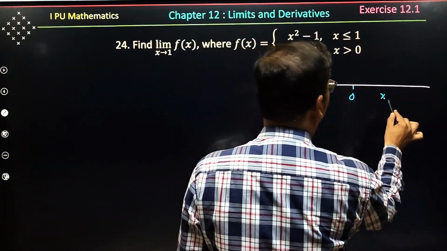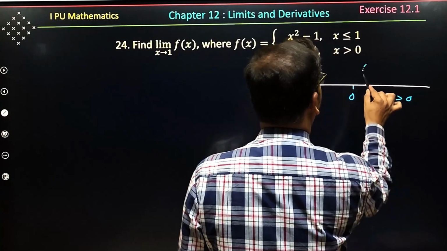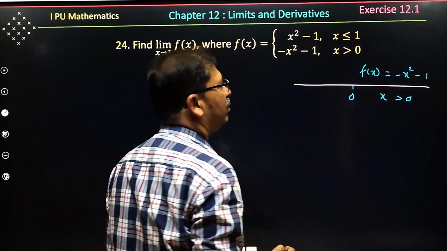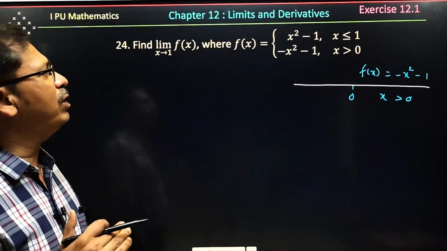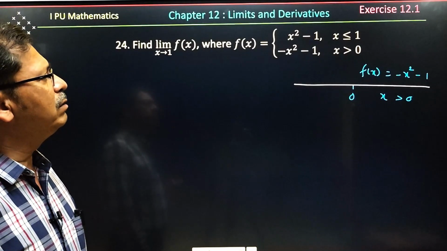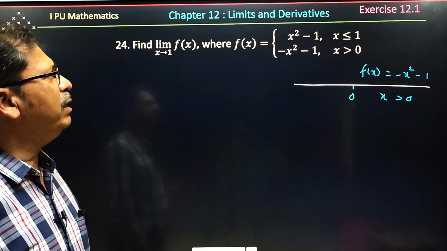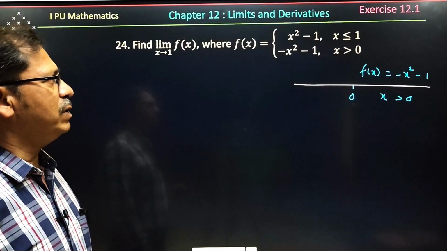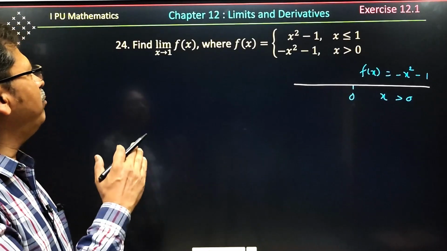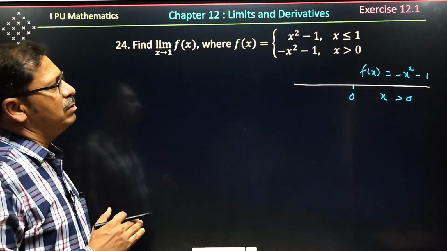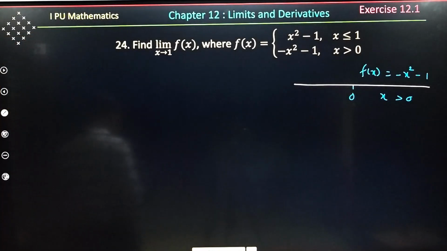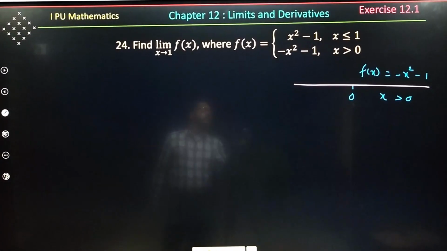For x greater than 0, the function is defined by minus x square minus 1, and when x is less than or equal to 1, the function is defined by x square minus 1, and you need to find out the value of limit x tends to 1 f(x) in the neighborhood of 1 here.